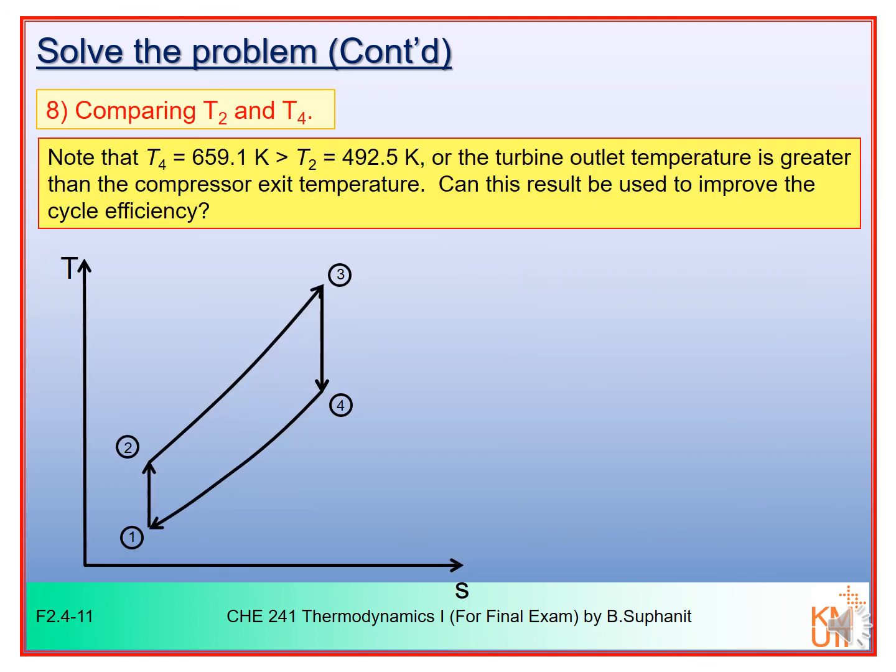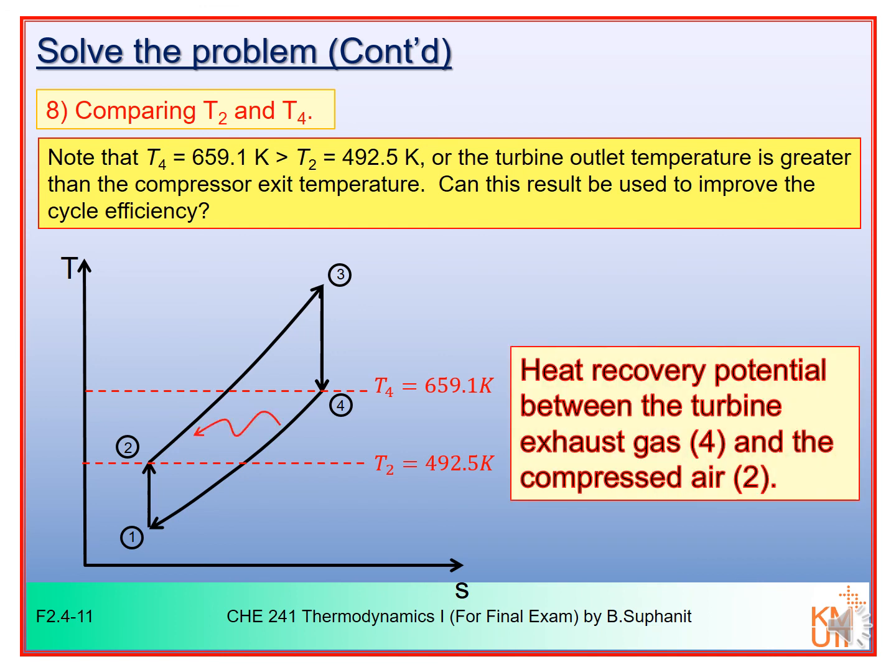Lastly, comparing T2 and T4, we can see that T4, which is the turbine exit temperature, is higher than T2, which is the compressor exit temperature. It means that we can use the turbine exhaust gas to heat up the compressed air before entering the combustion chamber.